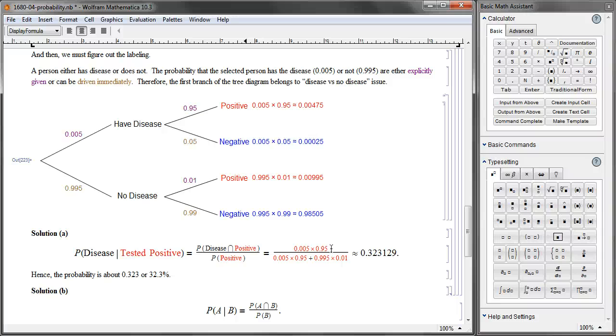Now, doing the computation using your handheld calculator is the easiest step. Do it and you're going to get 0.33 something, 33.3%. In other words, given that the person is tested positive, what is the probability the person actually has the disease?